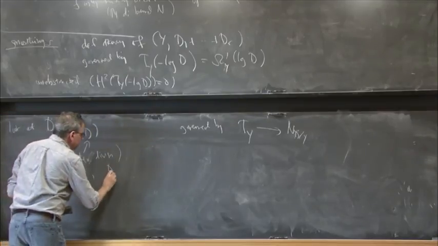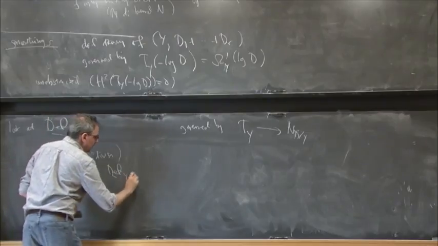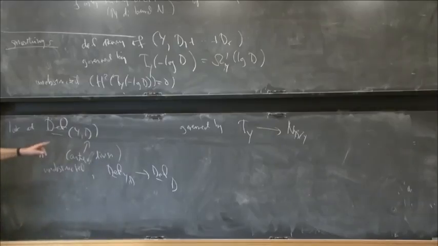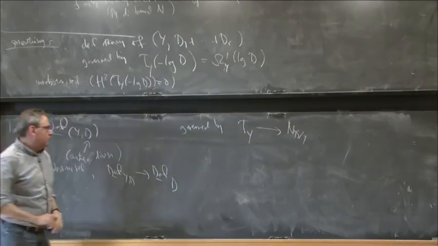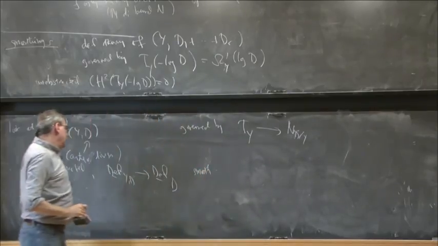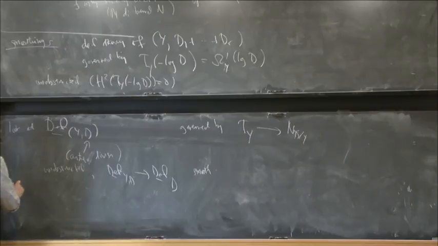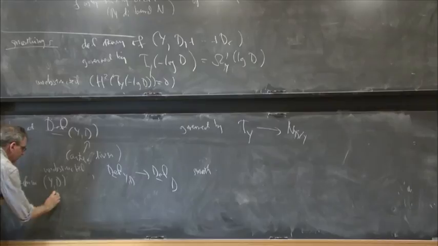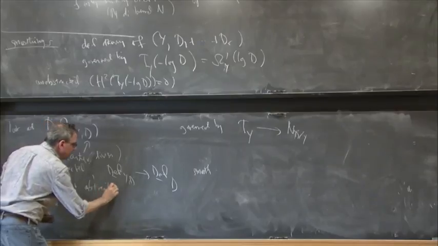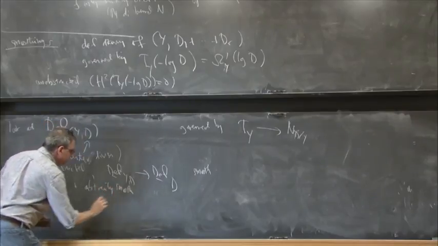And moreover, if you look at the map of functors, where I look at deformations of the pair and then record what's happening to D, this is smooth. What that means is you can deform the pair (Y, D) just as a Cartier divisor and arbitrarily smooth the double points.